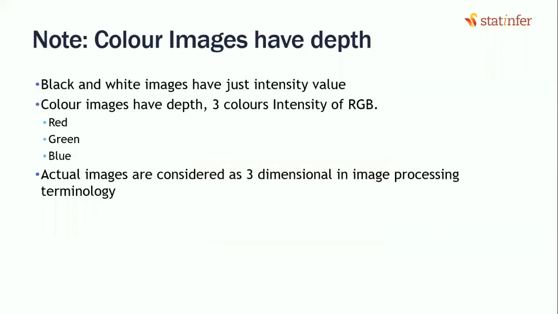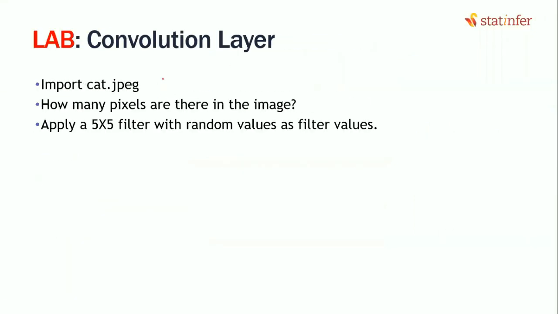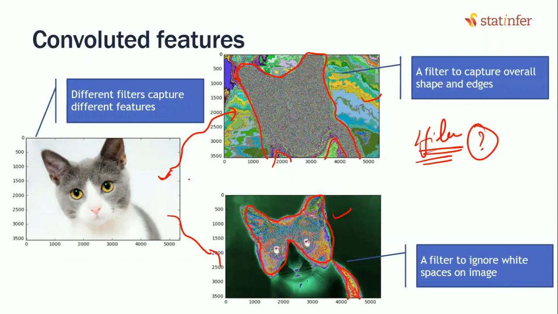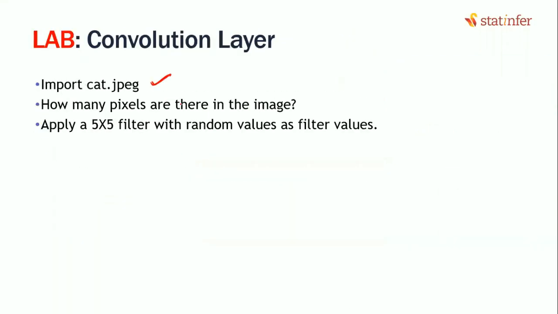Let us see an example. We will take this cat image. Usually we don't really get to see what happens in the convolution layer, but just to give you a flavor, what we are trying to do here is take an image, apply this 5 by 5 filter with some random values and check what is the result. All of you open the code file.